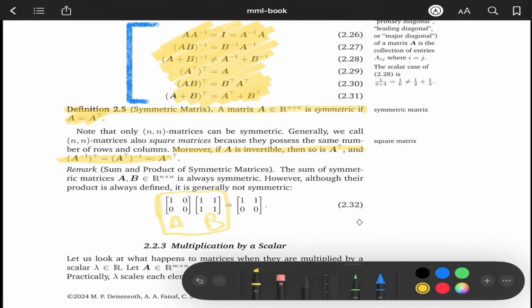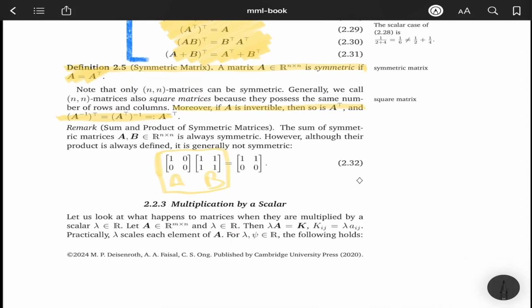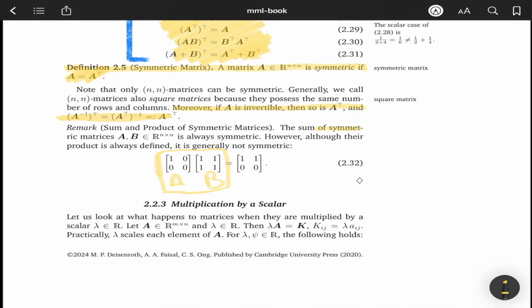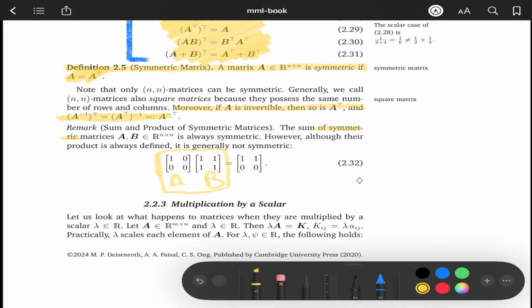Let's try to figure it out. Okay, let's take, oh, I see. The sum of symmetric matrices A and B. So A and B, they have to be symmetric. Yes, if they have to be symmetric, then the sum is also symmetric. Now I can see it.